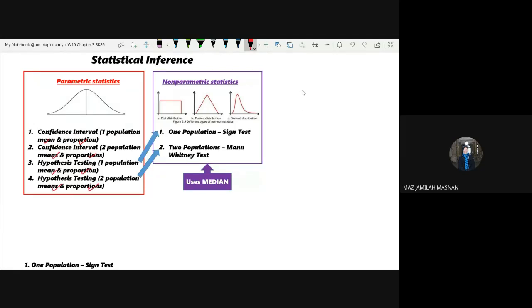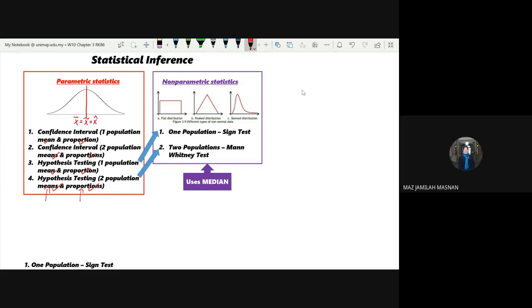Unlike that, in non-parametric statistics we are no longer talking about means or proportions. Why, class? When we discuss parametric statistics, we assume the measure of central tendency, the mean x bar, will be equal to the median and the same with the mode.